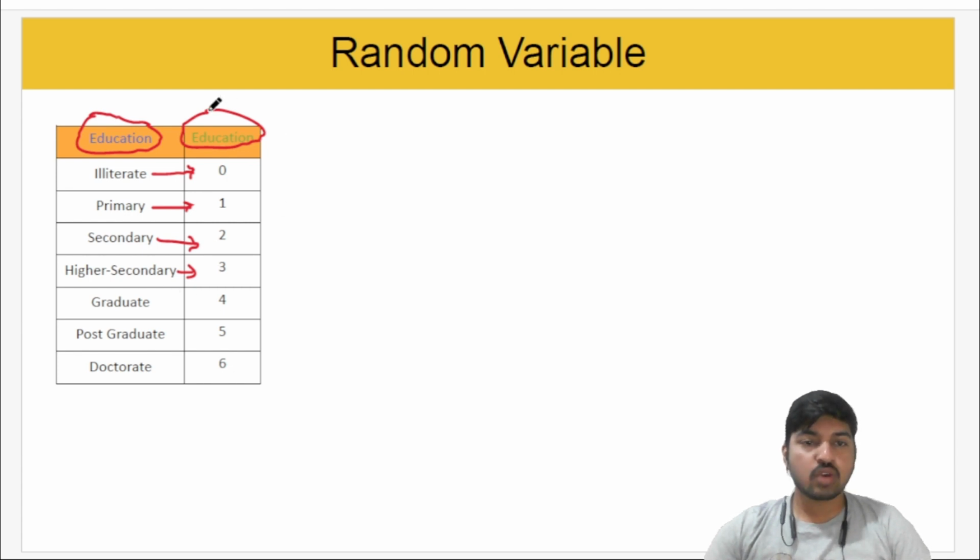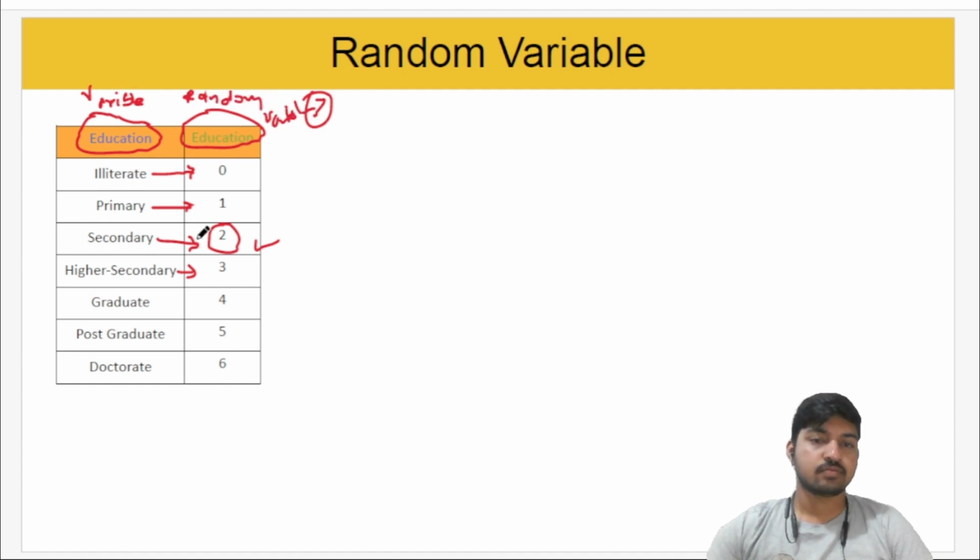So if a person comes and says he has studied only up to 7th standard, then I might enter only 2 in my questionnaire data. So now this becomes my random variable. This is now my random variable.